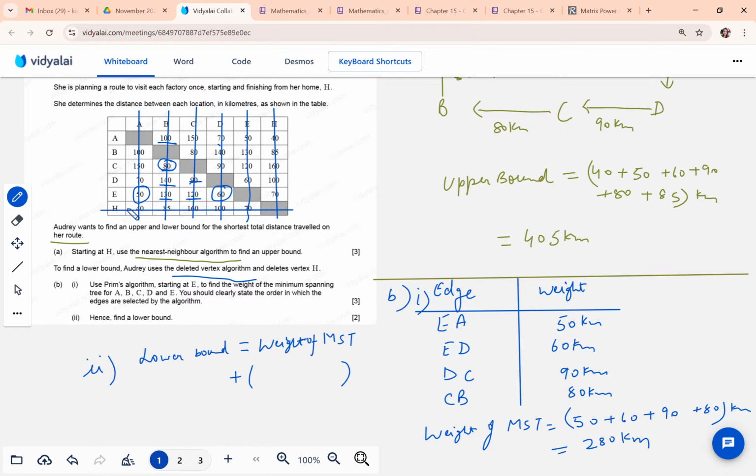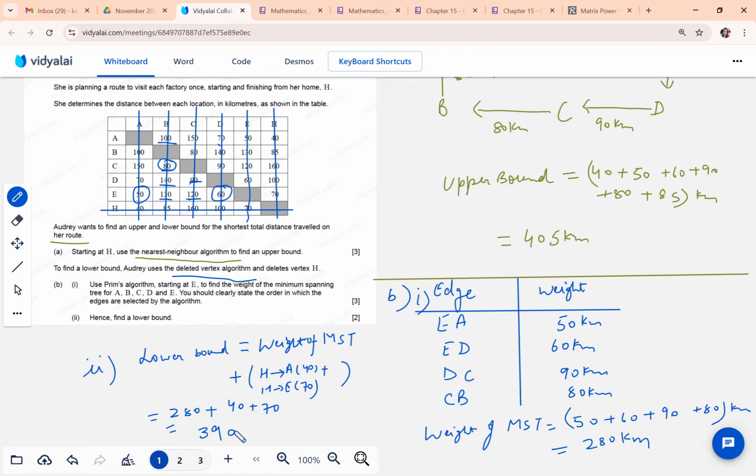So I think here H to A is 40 and H to E is 70. We will take H to A, that is 40, plus H to E, that is 70. So that becomes 280 plus 40 plus 70. So 320 plus 70 will be 390.